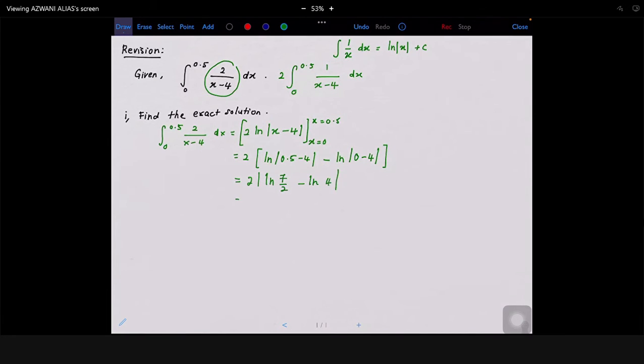Dia akan dapat. Sekejap saya tutup the value. Calculate. Sekejap bantu saya. Dapat apa?